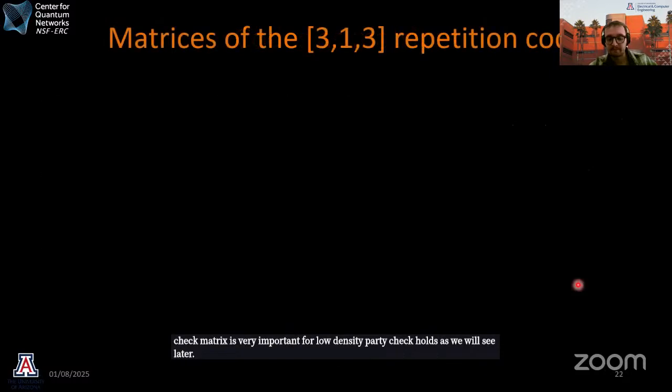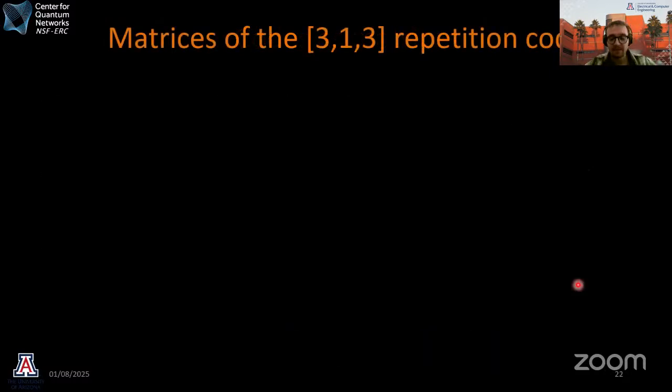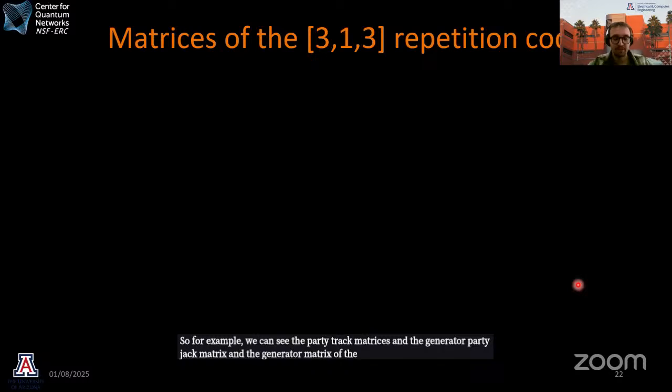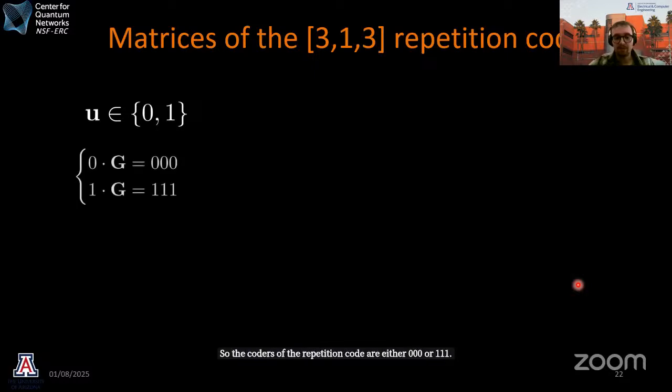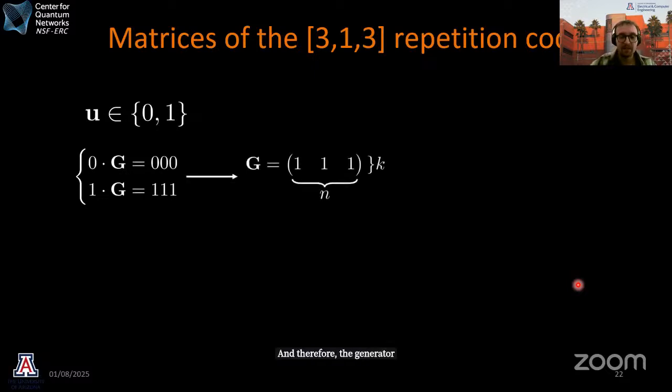So for example, we can see the parity check matrix and the generator matrix of the 3-1-3 repetition code. The code words of the repetition code are either 000 or 111, and therefore the generator matrix is simply 111. If you multiply it by 0, you get 000.